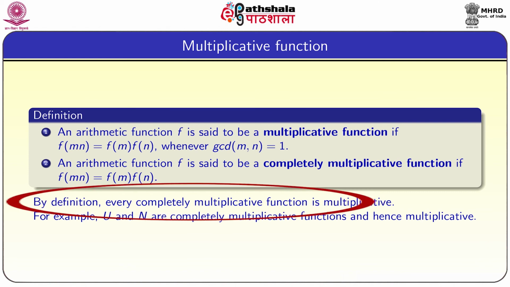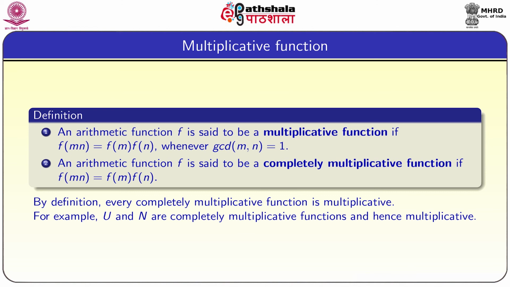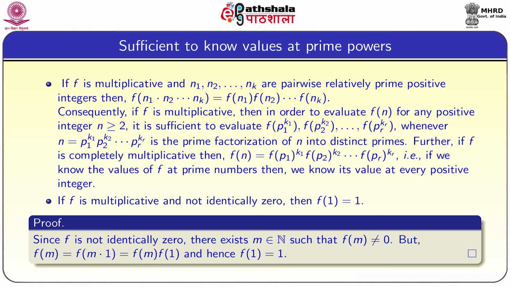So, by definition every completely multiplicative function is multiplicative since there is no restriction on m and n. For example, u and n are completely multiplicative functions, that is easy to verify, hence they are also multiplicative. So, what is the advantage of multiplicative and completely multiplicative functions?